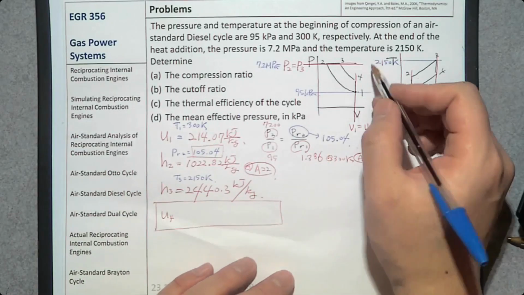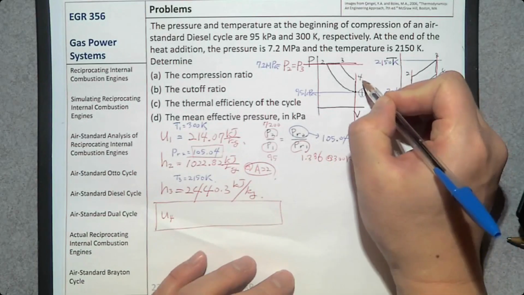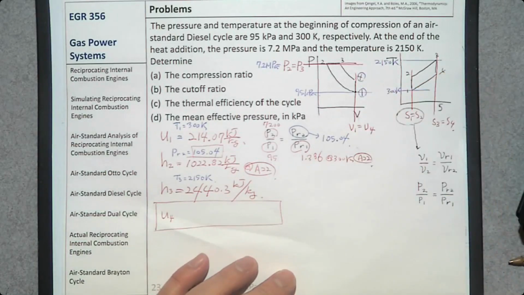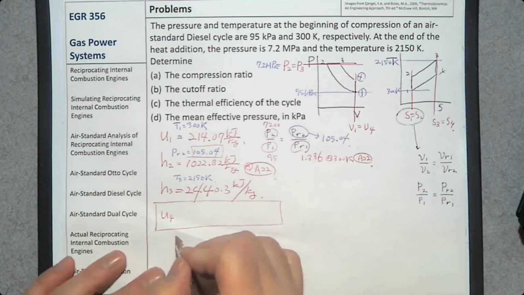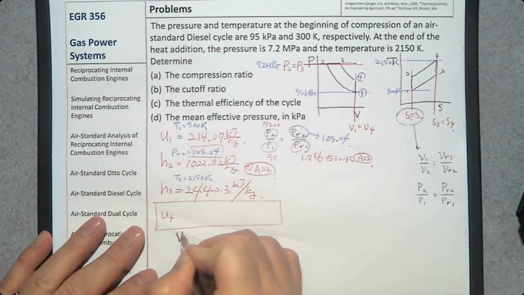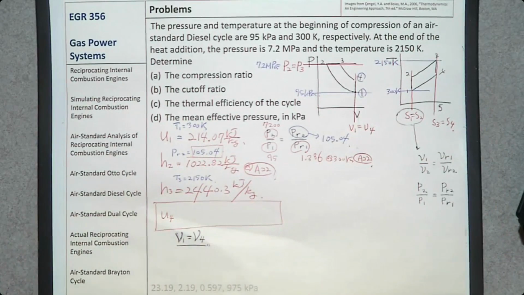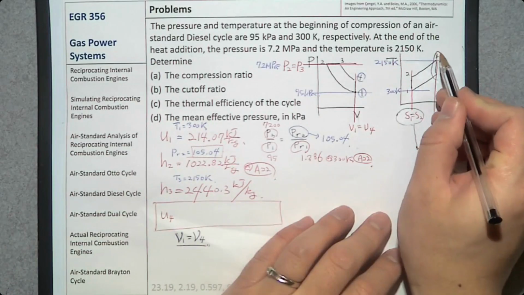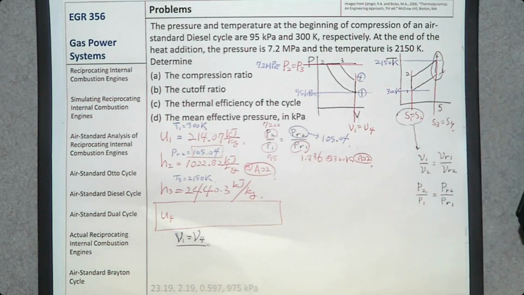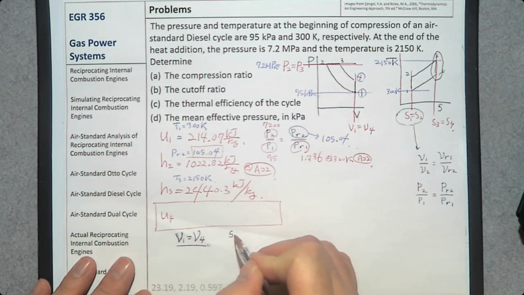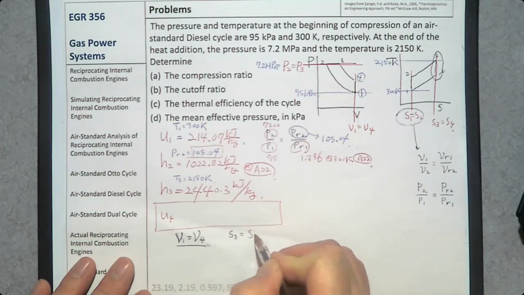So V1 is the same as V4. But we need another piece of information. So let's see, this one. The specific entropy remains constant. So S3 should be the same as S4.